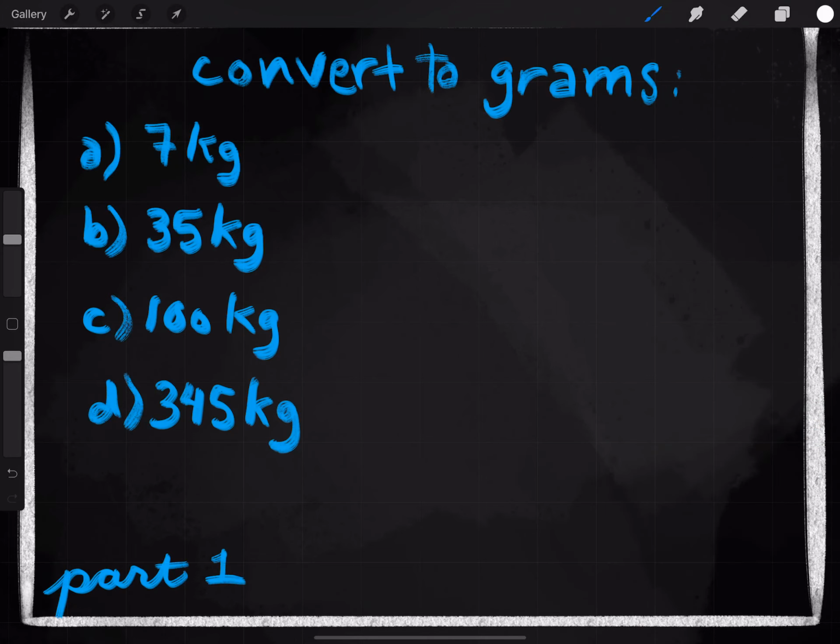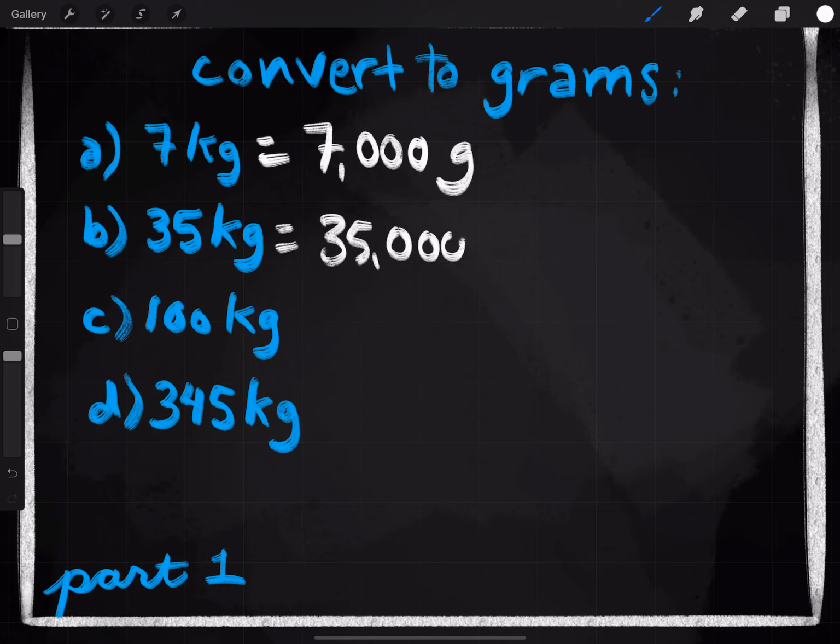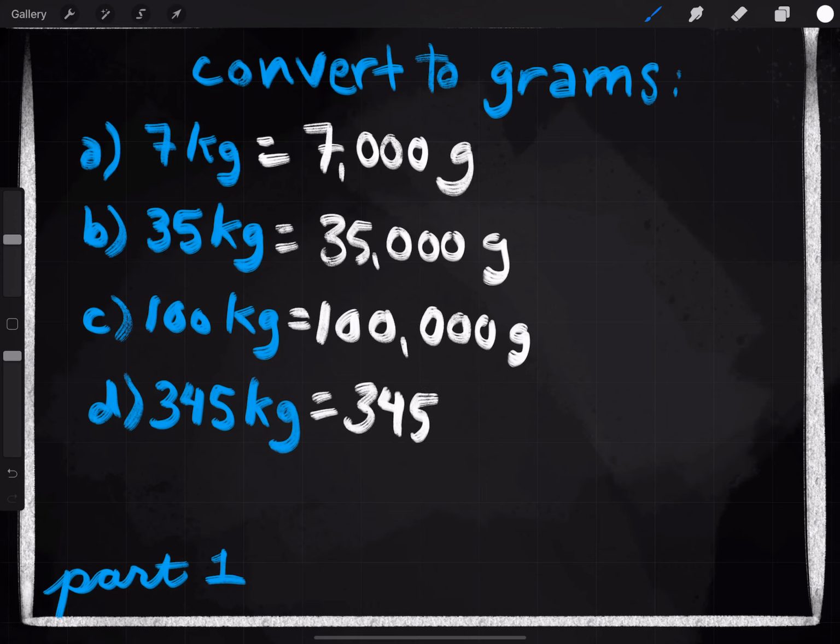All right, so go ahead and try these. Convert the following kilogram measurements to grams. Hopefully you paused and gave it a try. 7 kilograms, 7, and let's add 3 zeros, 7,000 grams. 35 kilograms, we have 35,000 grams. 100 kilograms, 100,000 grams. 345 kilograms, 345,000 grams.